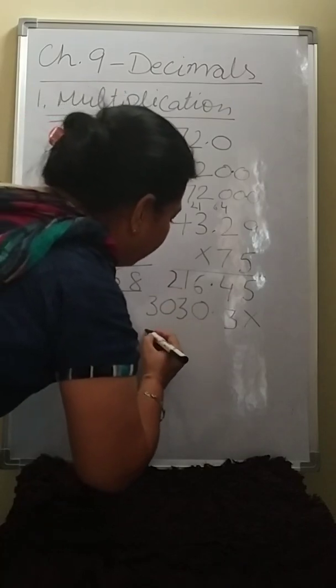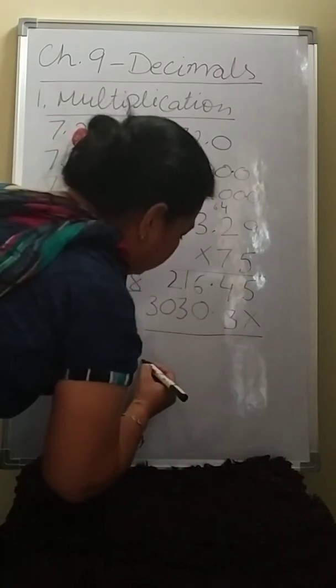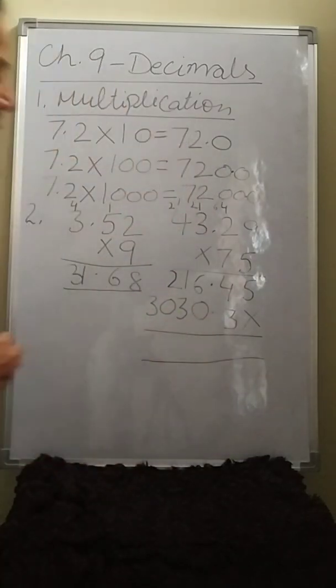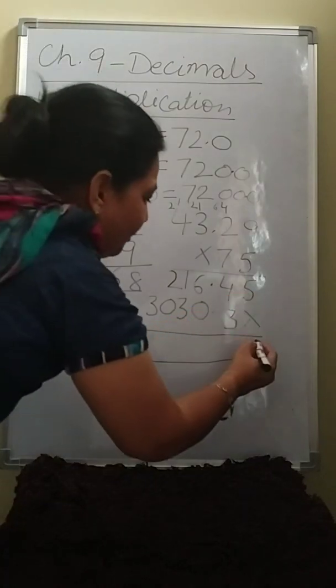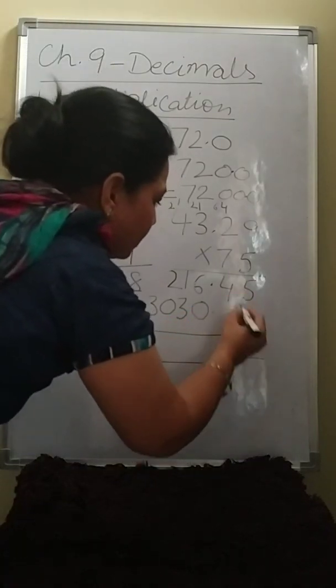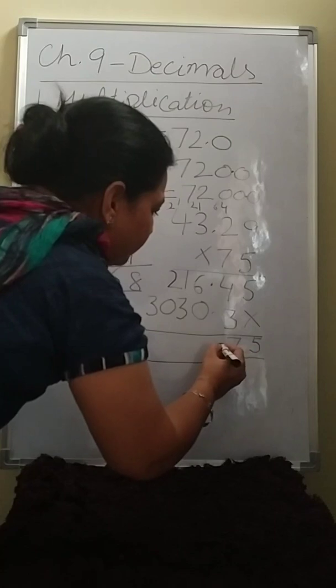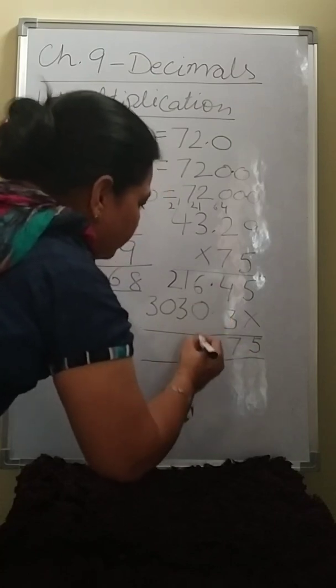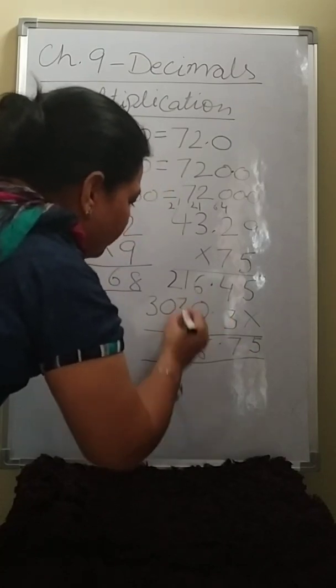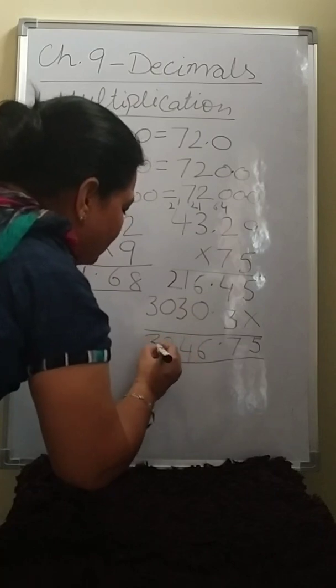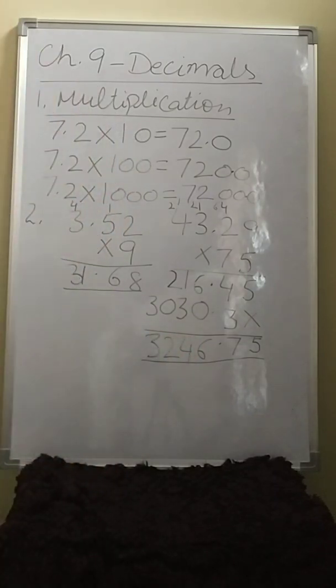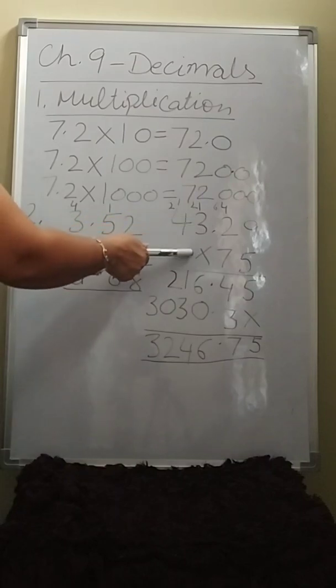Now we will add these two lines. This is 5. This is 4 and 3, 7. This is 6. 1 and 3, 4. This is 2 and this is 3. So this is multiplying by one digit, and this is multiplying by two digits.